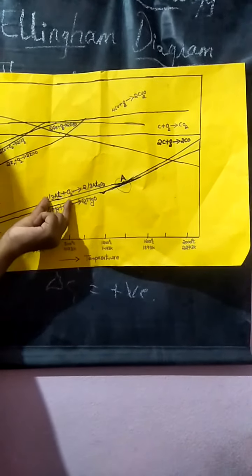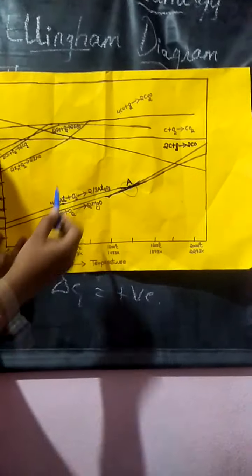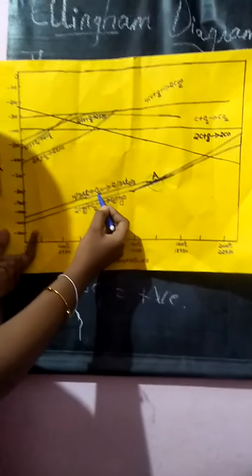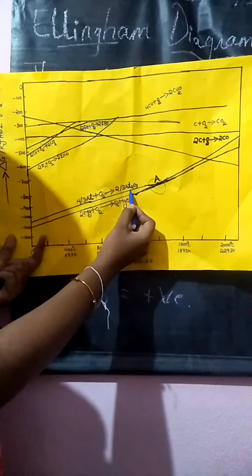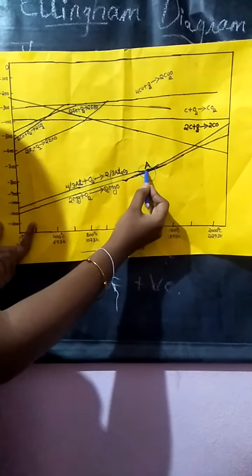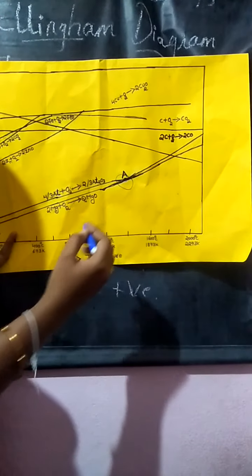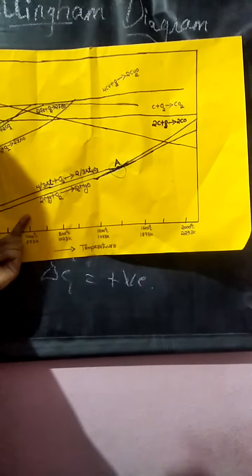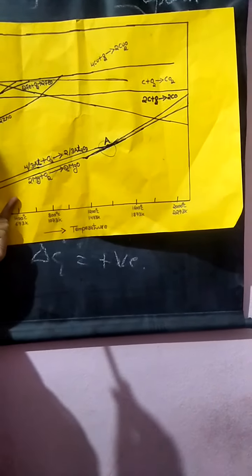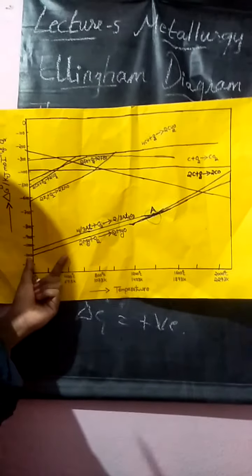That is, when aluminium is reacting with oxygen, it is forming Al2O3. So the abrupt change in the plot shows that there is a phase change. Phase change here means that the metal may be converted from solid to liquid form or from liquid to gaseous form.